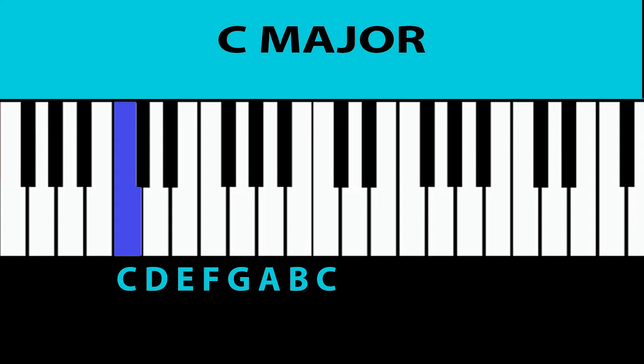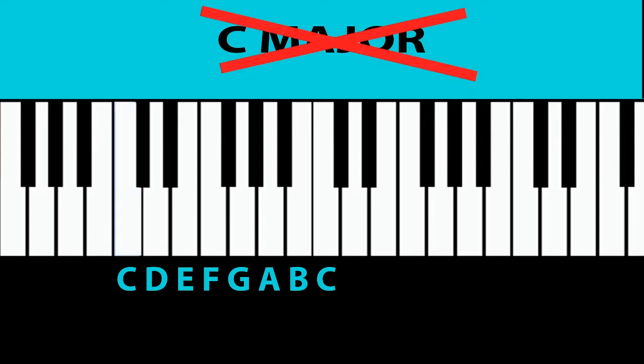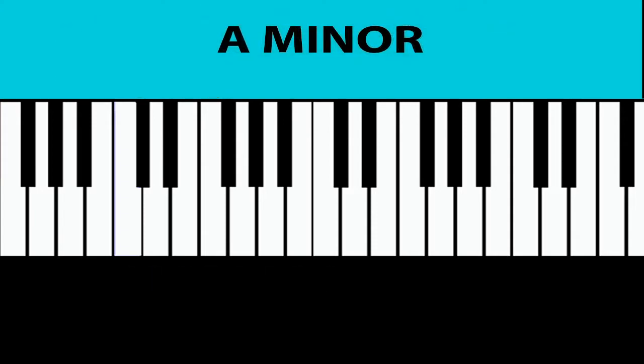Now, what happens if the person you were writing the song for said, no, I don't want it in C major. No, thank you, please. It only makes me sneeze. It's too happy. Let's put it in a different key or something else. No C major. Maybe we'll put it in A minor.